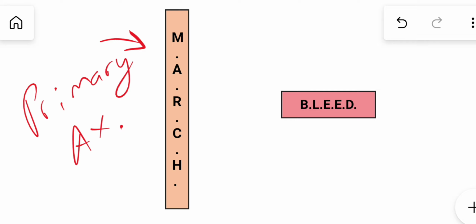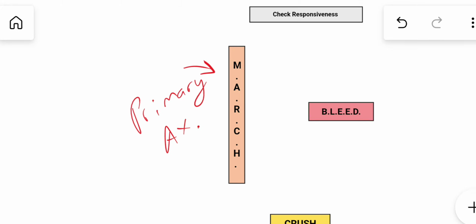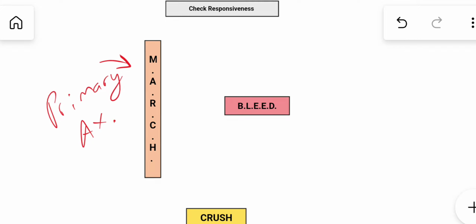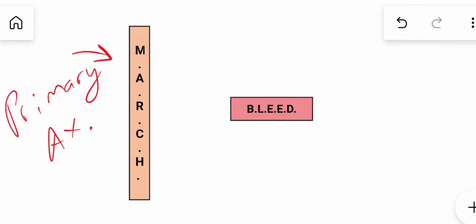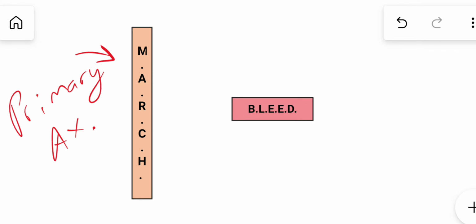And what's cool is, when we do medical assessments, we always teach the ABCs, and we also teach that if the patient is unresponsive, we go CAB, circulation, airway, breathing, and if they are responsive, we go ABC, airway, breathing, circulation. You'll notice at the top of our algorithm here, we did start with checking the level of responsiveness. But what's cool about MARCH is that it actually doesn't matter if they're responsive or not. We're still going to go in the same order, and we'll talk about that more in the next video.